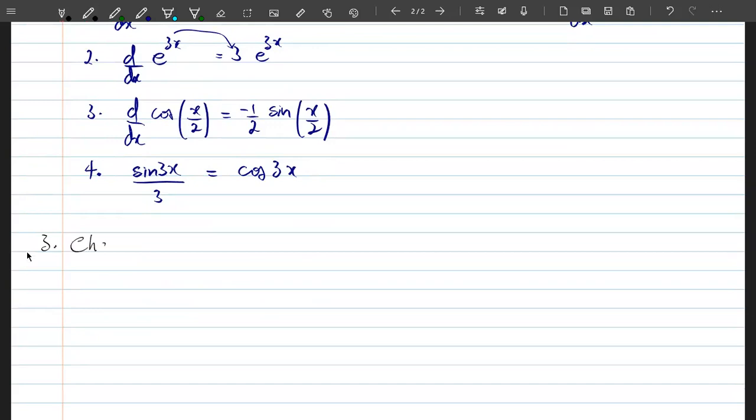So chain rule says that if you have y as a function of x and z is again a function of y, then firstly, what does this imply?